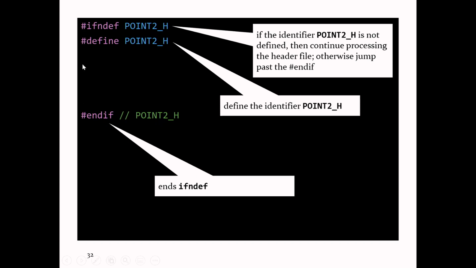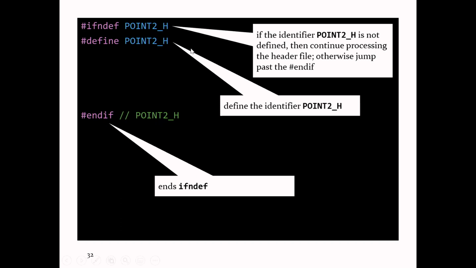So if this name is not defined yet, do everything that's in between the ifndef and the endif. This endif ends this ifndef statement. It's not technically a statement, it's a directive. It's a preprocessor directive. So if I haven't defined POINT2_H yet, then everything in between runs, or gets included.